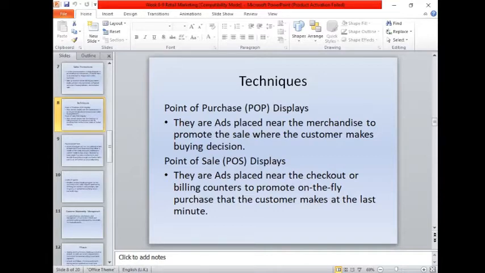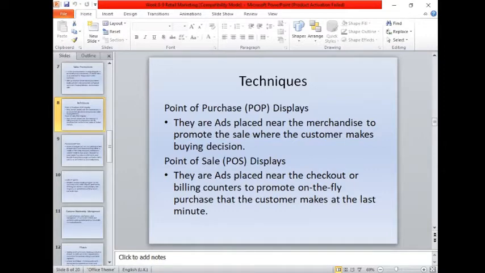Of course, this is a way of being impulsive, but because you see a sales promotion of those commodities, then you can buy. For example, you're at the counter and you buy the products that you need, and you see a chocolate there, on sale beside the counter.